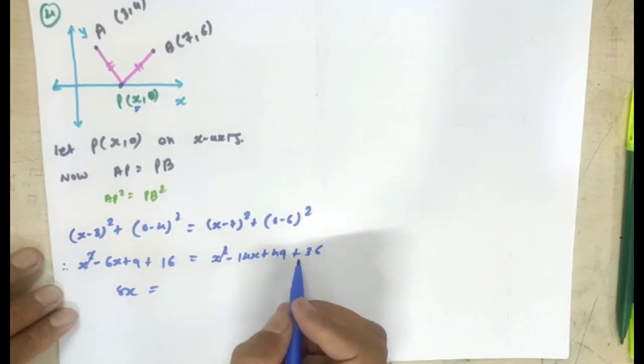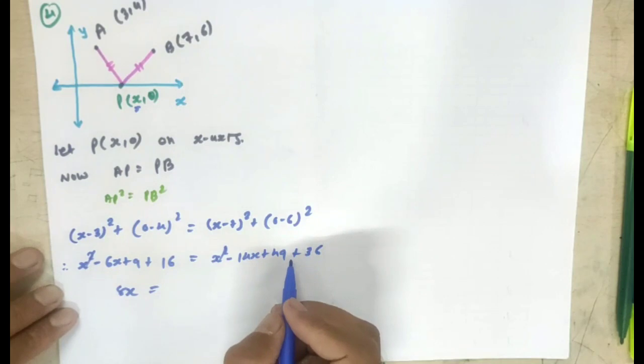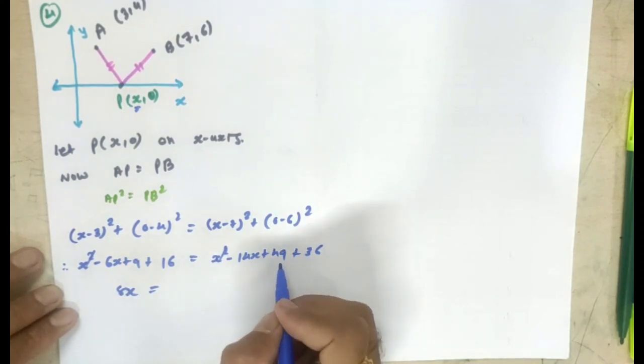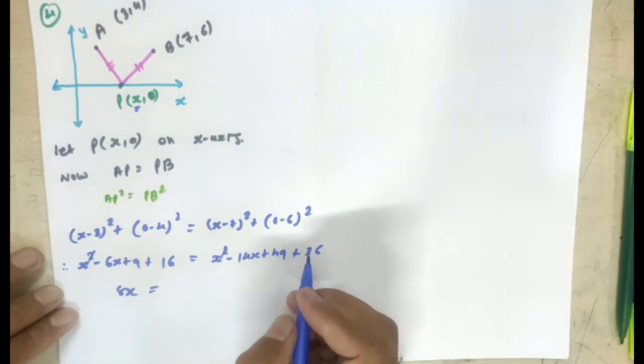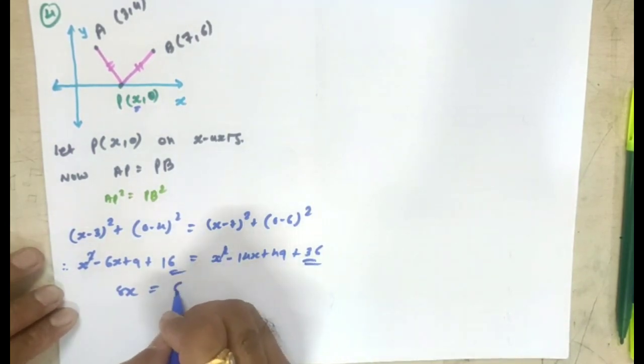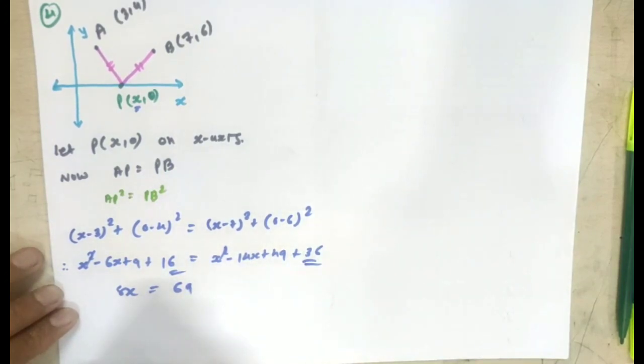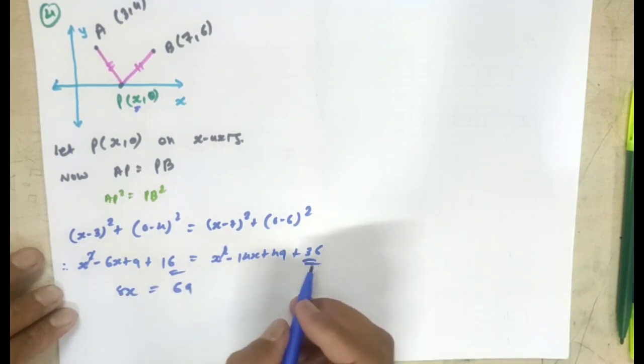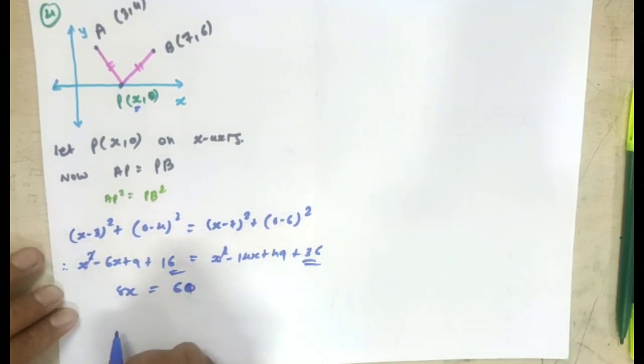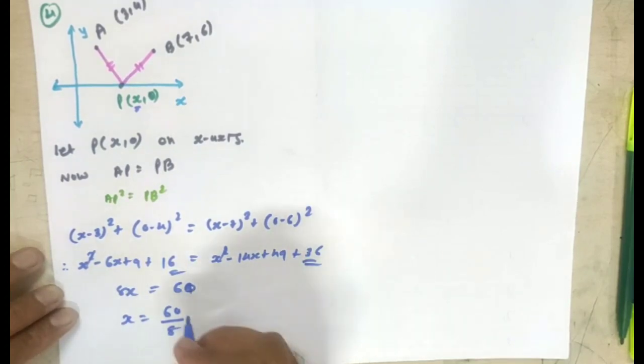How much will this be? 49 plus 36 minus 25, so it's 60. So x equals 60 by 8.